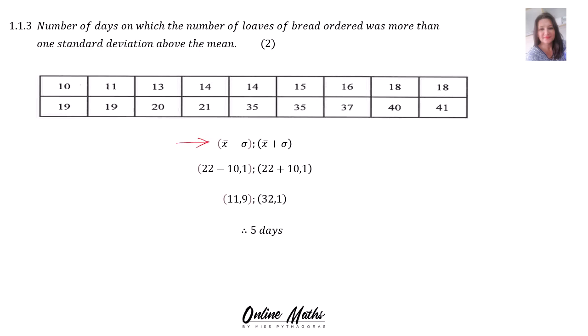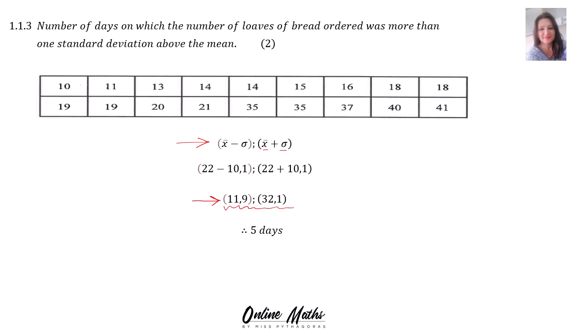This is the formula for 1 standard deviation from the mean, and then when you substitute your values, this is the mean minus the standard deviation, this is the mean plus the standard deviation, and then we get 2 values over here. But this is definitely not the answer.